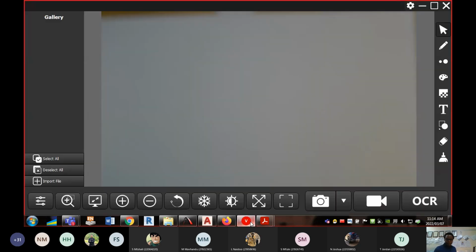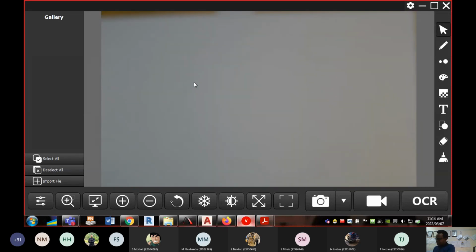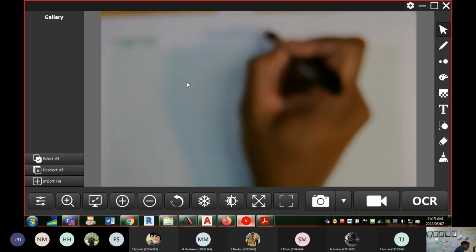Now I need to use this document camera. We're going to do some numbers. I'm going to ask you to grab your calculator as well, so that we can all work together.